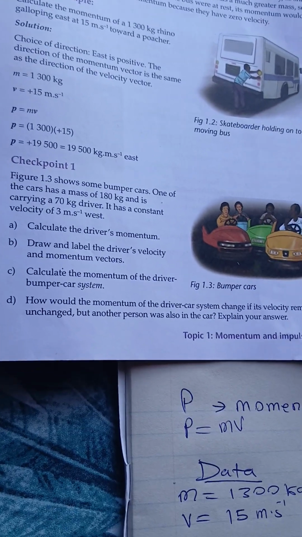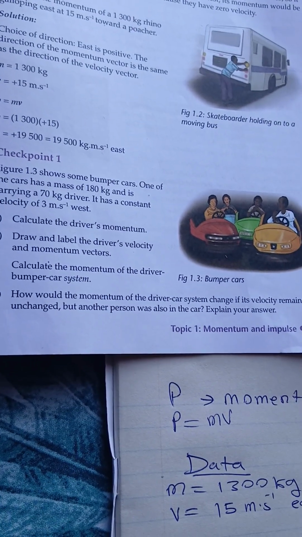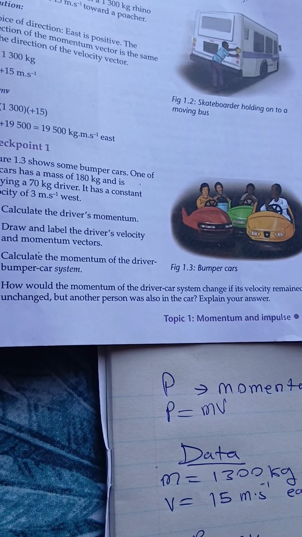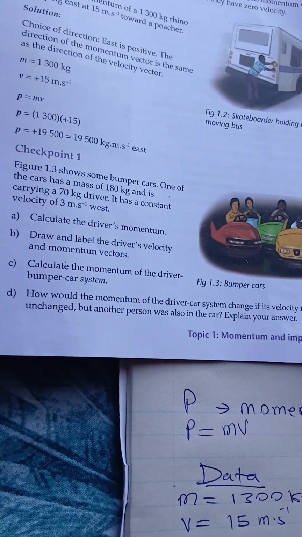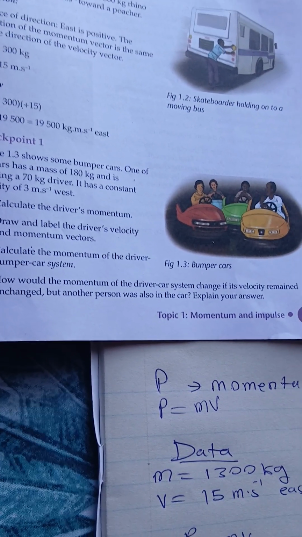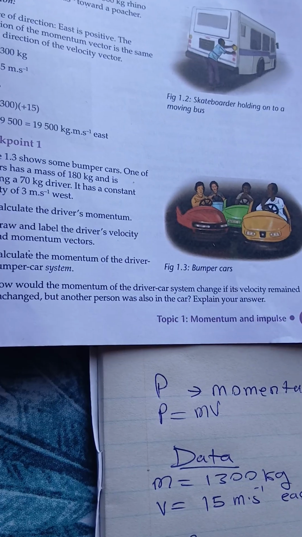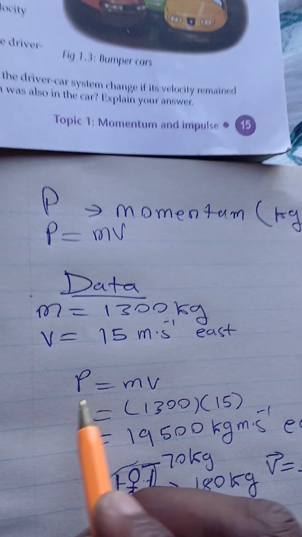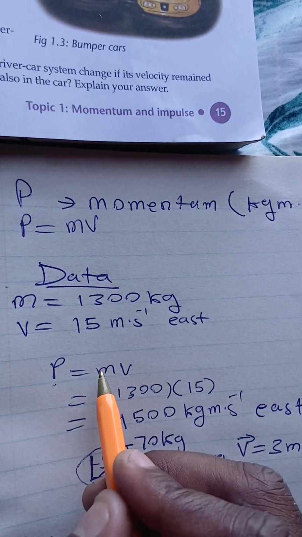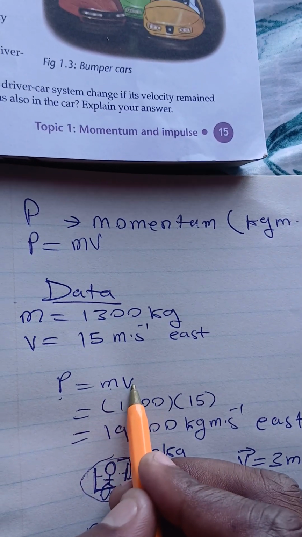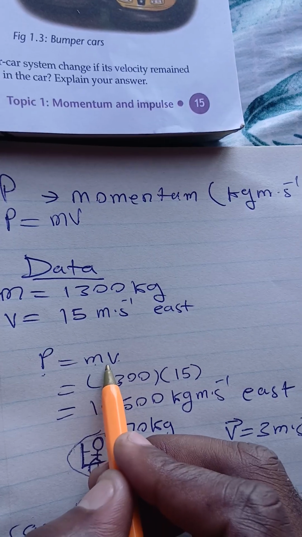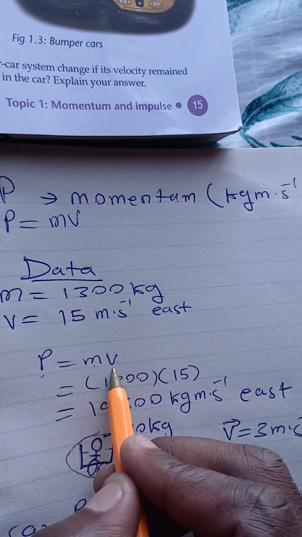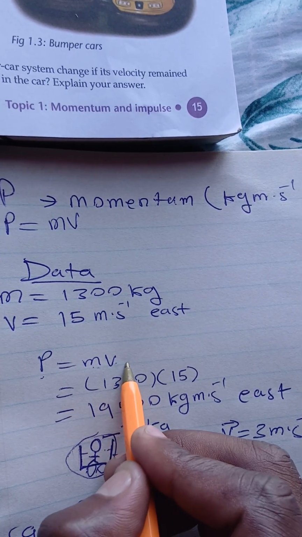And number D, they ask, how will the momentum of the driver car system change if its velocity remained unchanged but another person was also in the car? Explain your answer. All right, we know that momentum P is equal to mv, meaning that momentum depends on mass and velocity.